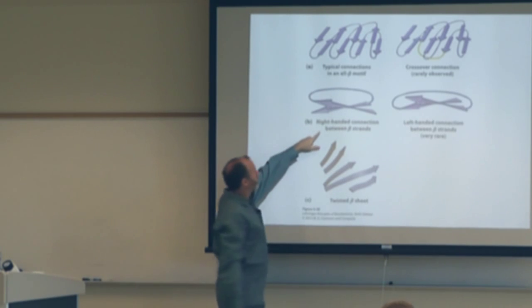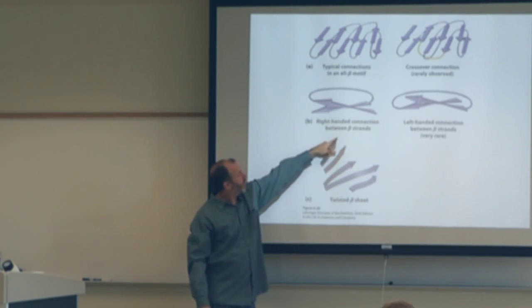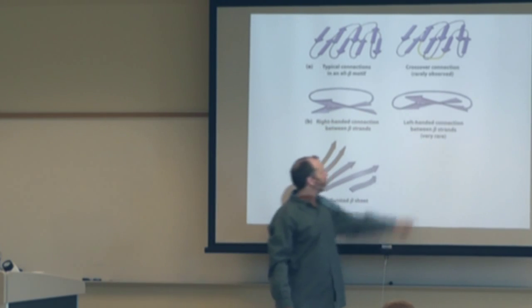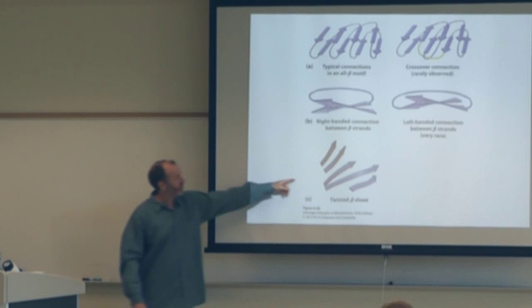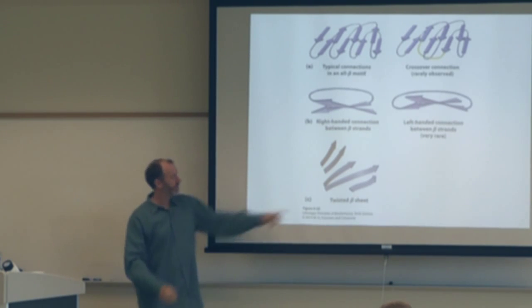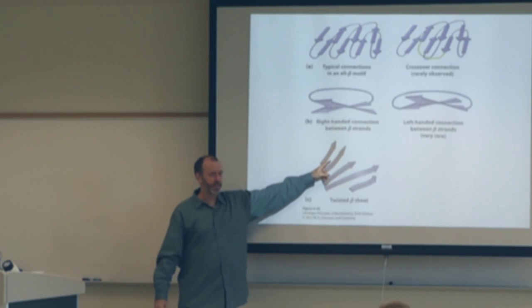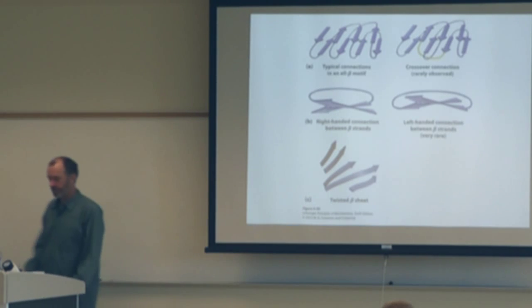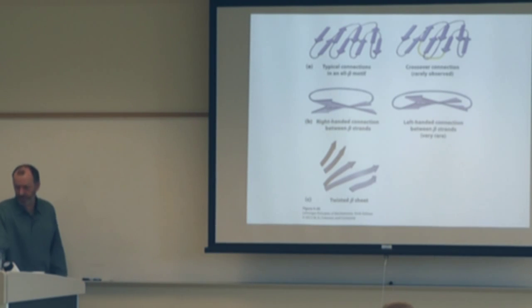And then you have right-handed connections between beta strands. These are parallel. Left-handed connections are going to be more rare. And then you can have these twisted beta sheets often. You'll see those in beta barrels, like porins, I think, is what the kidneys use to pull water into the kidney. They have this pouring structure that's all twisted beta sheet structure.